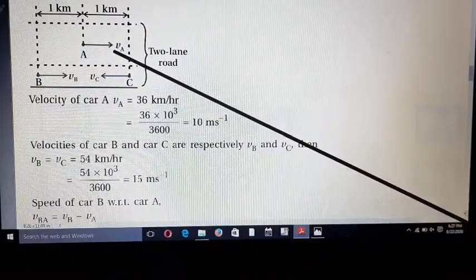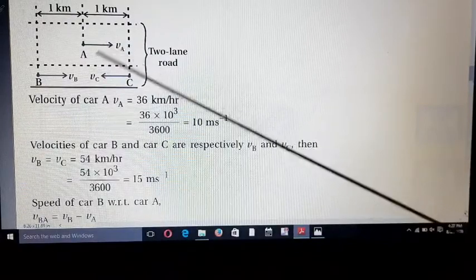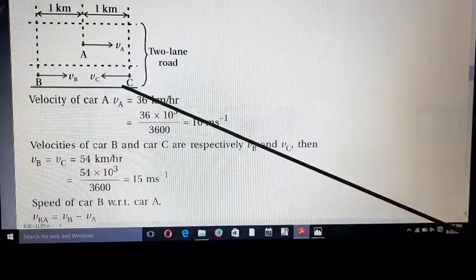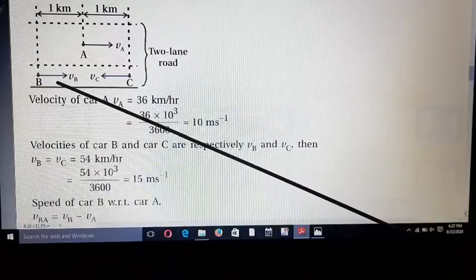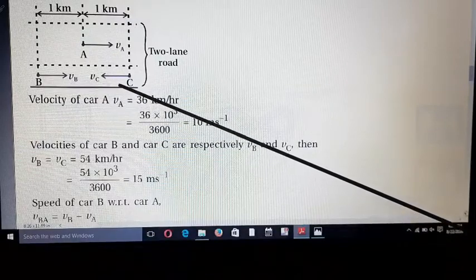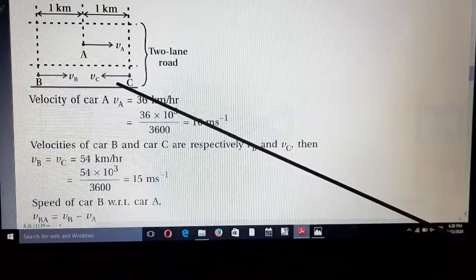It is always in the positive x direction. But cars B and C both move in the opposite direction, meaning the velocity of car B is in the positive x direction and the velocity of car C is in the negative x direction.